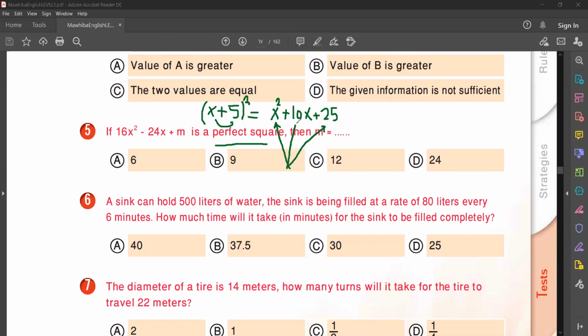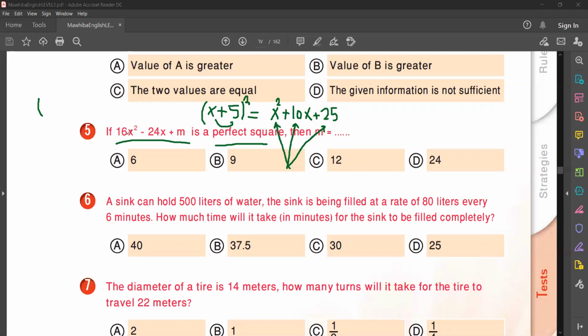And the middle one, how can you find the middle one? You multiply x by 5 by 2, then you get 10x. Okay? So now I want to find m here. It is easy, I think.